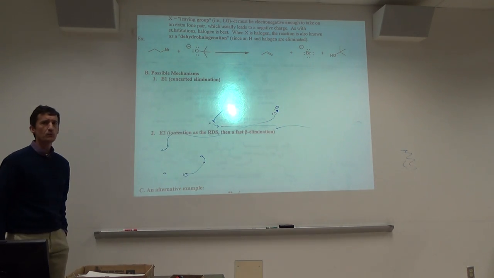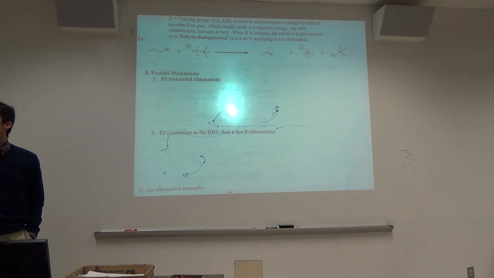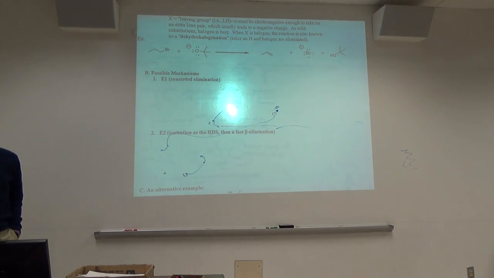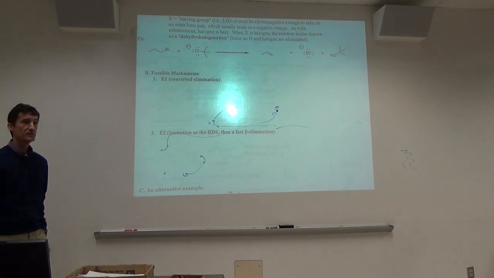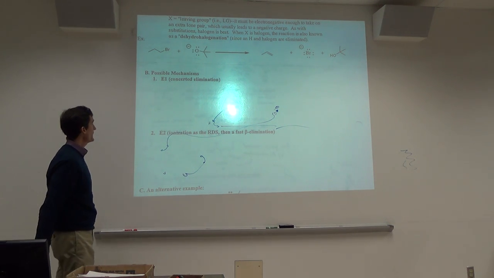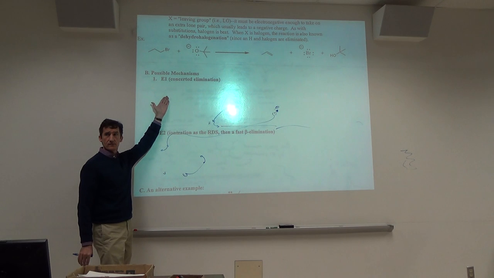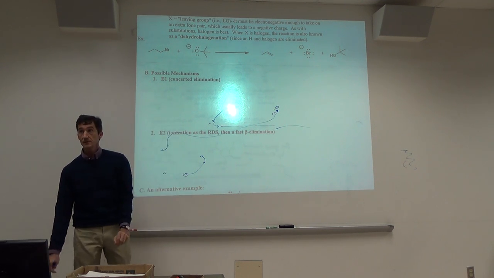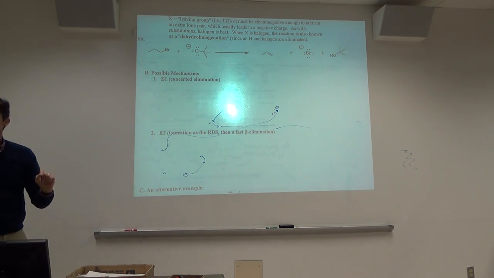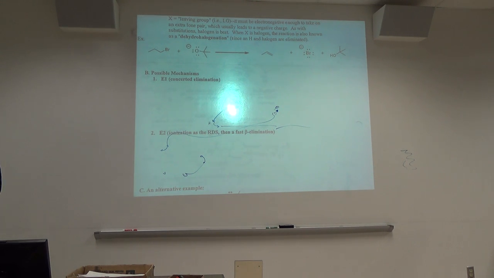Ionization, right? It's the same as the first step of an SN1. After the ionization, what happened in the E1? You get rid of the beta. Beta elimination in a fast step. The base takes the H. 2 steps. Ionization followed by fast beta elimination to put the double bond in.